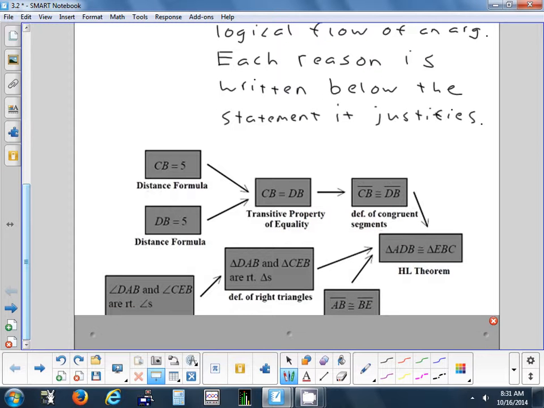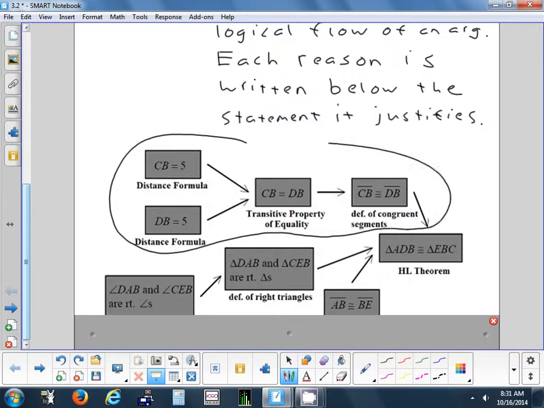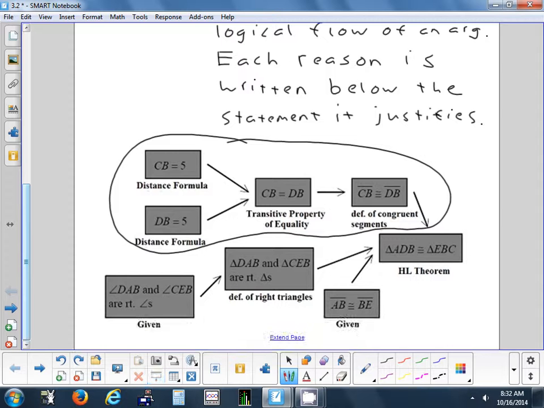So this is kind of like one branch of the flow proof, and all of that information is going to lead to the conclusion right here. But there are several ideas coming into that conclusion. Let's look at some of the other stuff. Now this is going to be a little harder because we don't know about congruence with triangles yet.